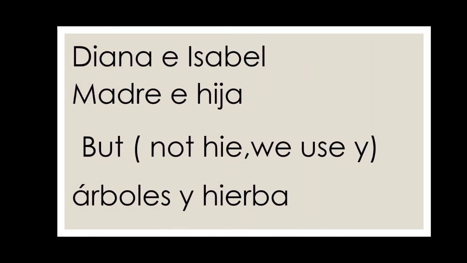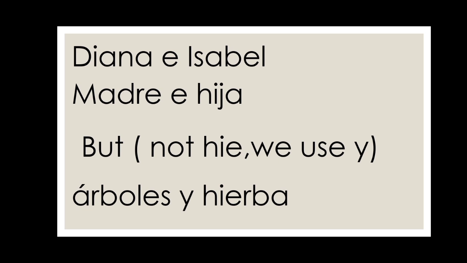Diana y Isabel. Madre y hija. So here the word starts with h, but in Spanish h is silent, so it's pronounced hija. So we use e. Okay. Madre e hija, not madre y hija. Okay. Diana e Isabel. Madre e hija.